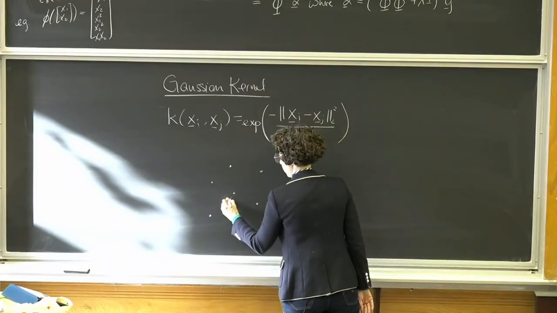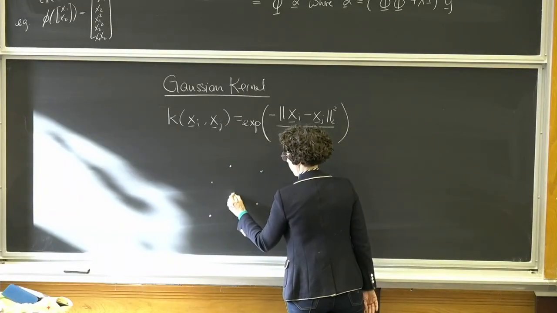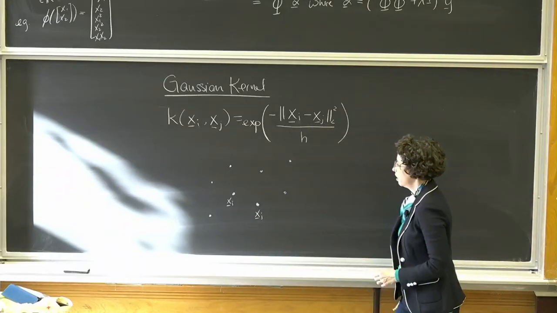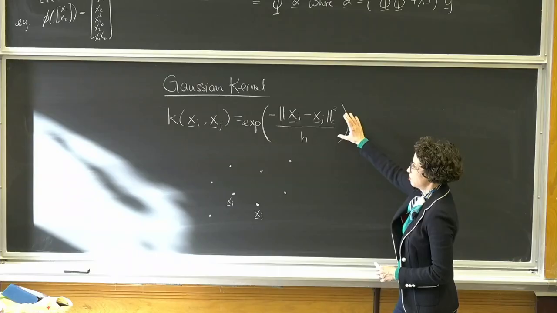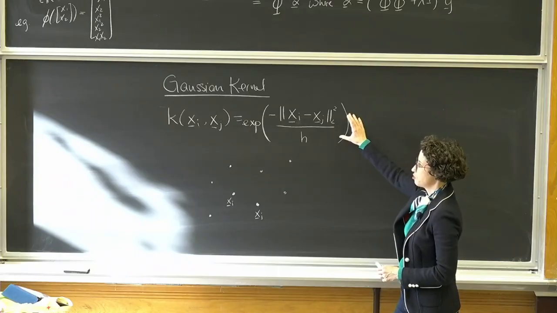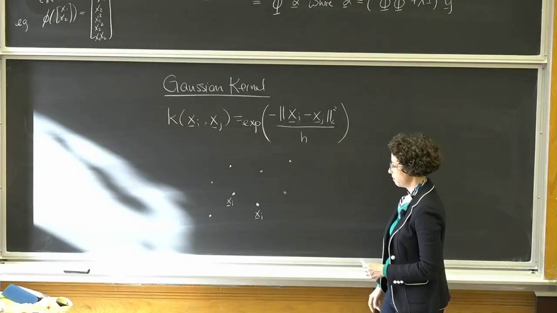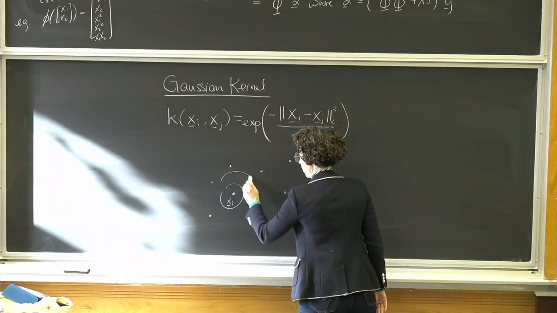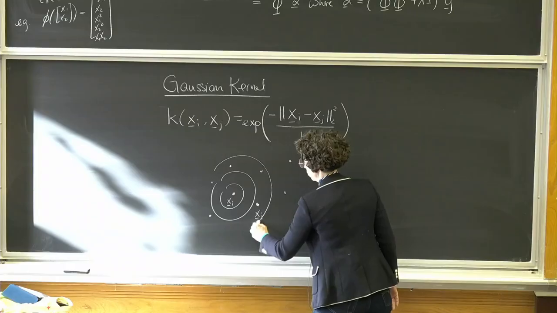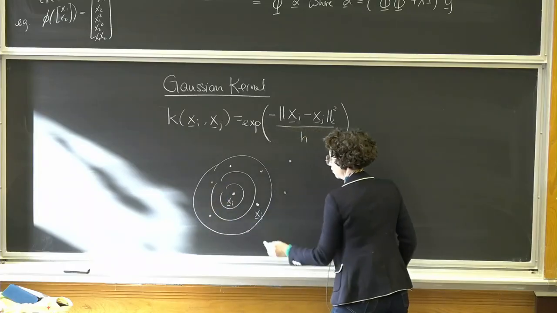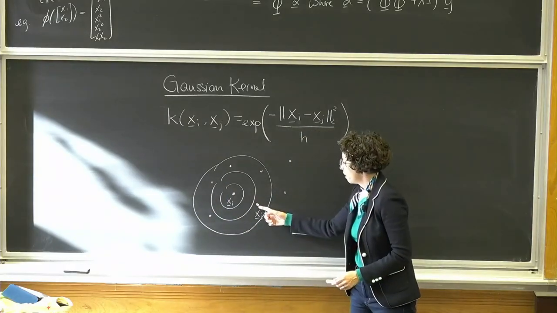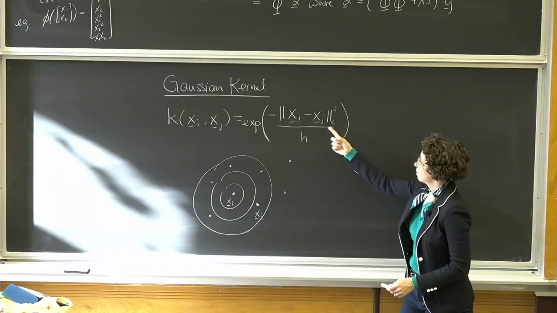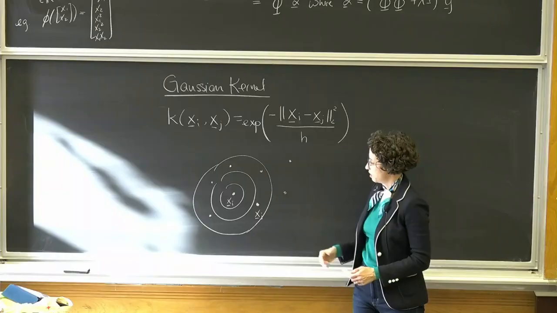Here I have one that's xi, and over here I've got another one, xj. The corresponding entry in the kernel matrix, kij, is going to depend on how far away xj is from xi. I can think about having a little Gaussian bump centered around xi, and I'm seeing how far away xj is from it, and then I am looking at the opposite of that and exponentiating.